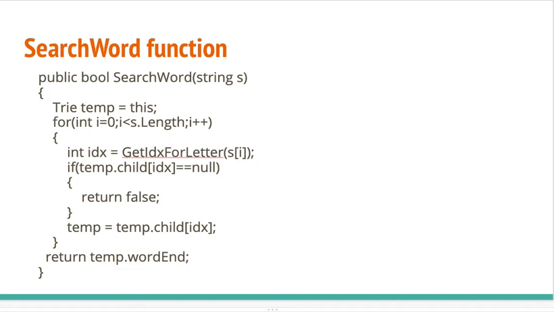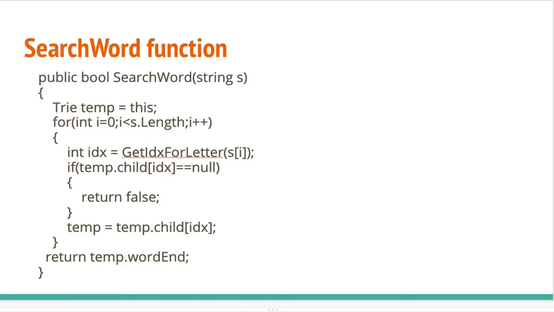So if the word end is true, that means you found the word which is existing in the trie node, but otherwise it is not existing in the trie node, right? So that is how the two functions, add string as well as search word, will function.